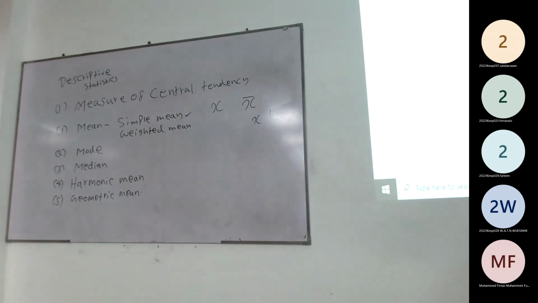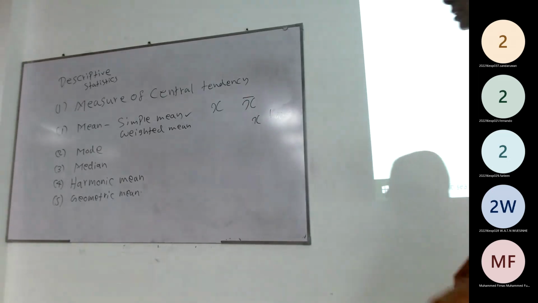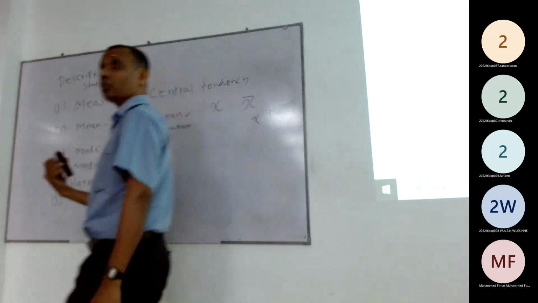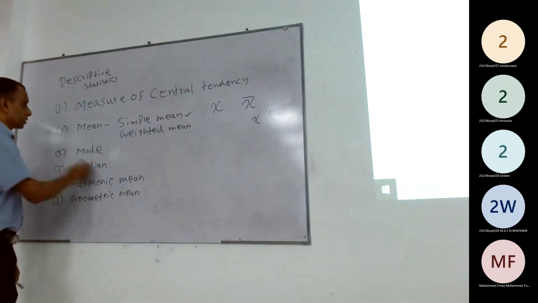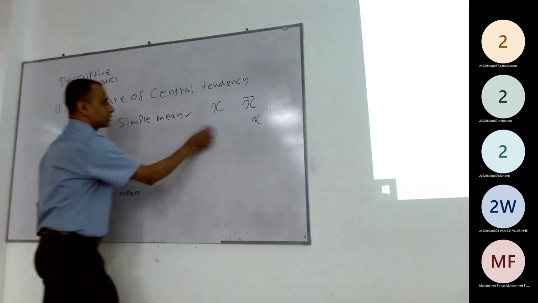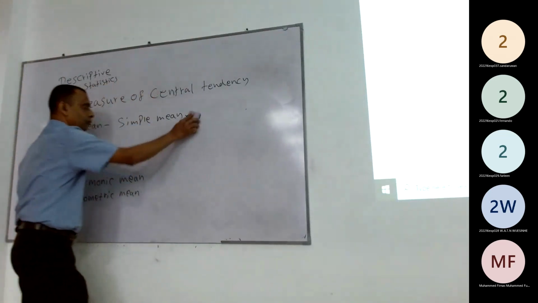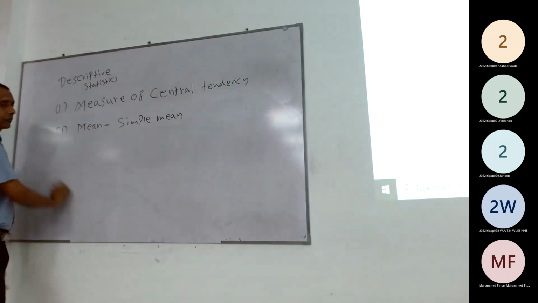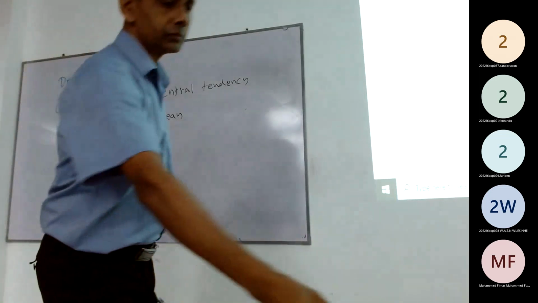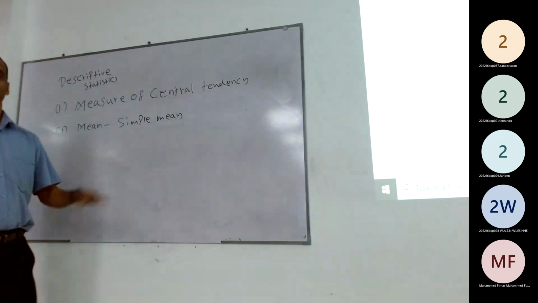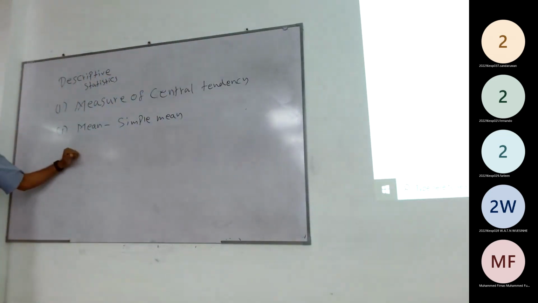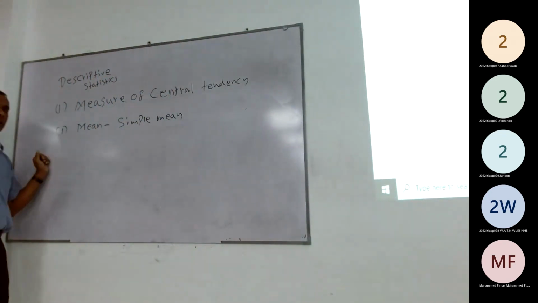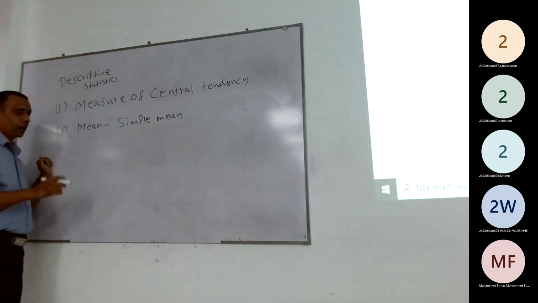Right, then we take a subheading under that: simple mean in a set of observations. What is the formula?